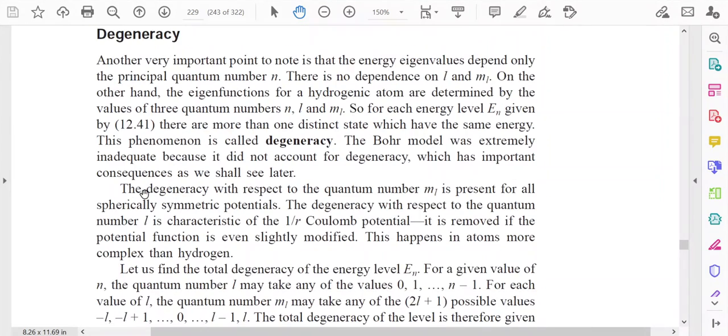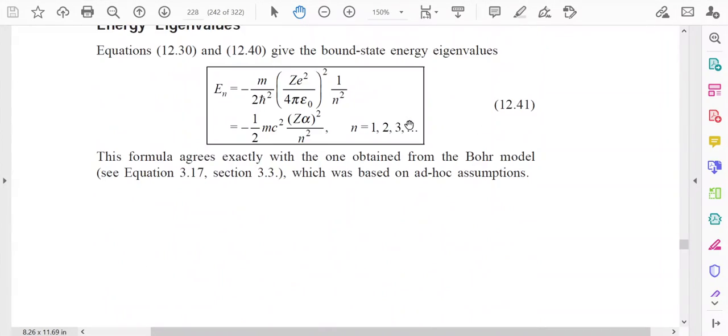Now what is degeneracy? A very important point to note is that energy eigenvalues depend only on the principal quantum number n. There is no dependency on l or m_l. You see in this expression, E_n depends on n only.